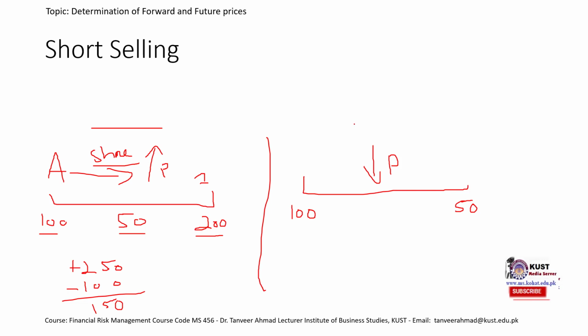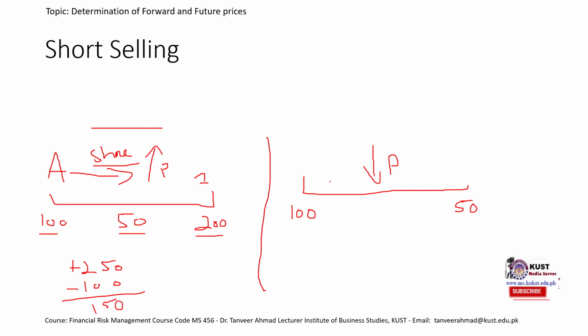Bearish is when the market is decreasing, when prices are decreasing, and bullish is when prices are increasing. So in this case, buying this asset would give him a loss. If he bought it at 100 and sold it at 50, that would generate a loss.